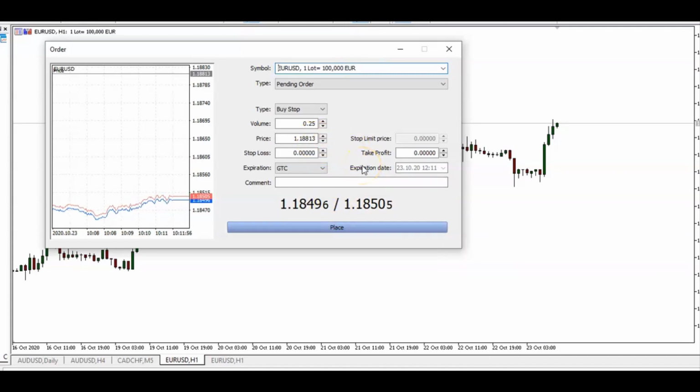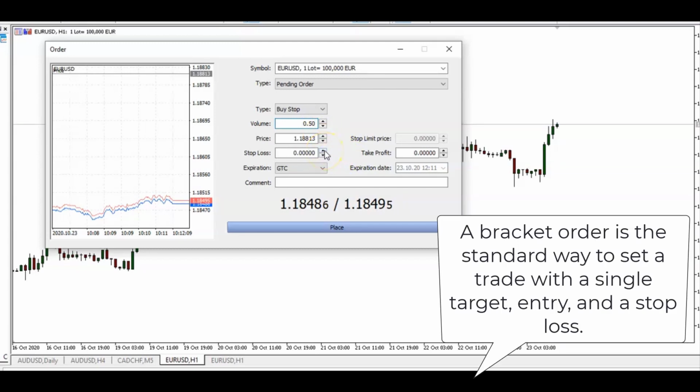Now, bracket orders are basically multiple orders, except for the actual entry price that you put in there. You'll obviously have to put your volume or lot size. Let's use 0.50 for this example. If you then place a stop loss and attach it to this order, that is what we call a bracket order.